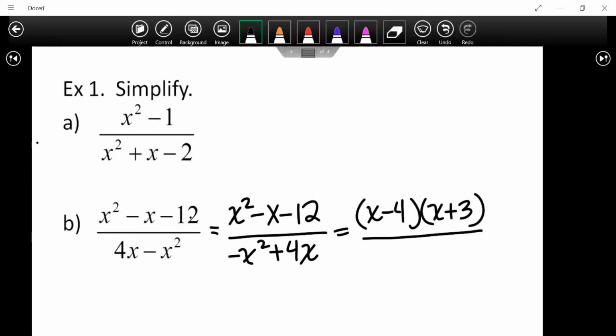The greatest common factor for the one down below is going to be our negative x, it seems like, because we want to make sure we have that positive x. I'm just going to pull it out. We're going to get that positive 4 changing to a negative 4, sorry, this should be a negative 4.